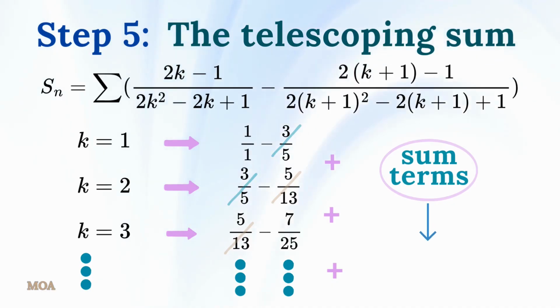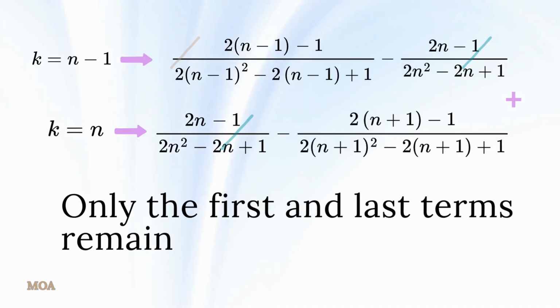And so on and so forth, till k equals n, which gives the quantity 2n minus 1 over 2n squared minus 2n plus 1 minus the quantity 2 times the quantity n plus 1 minus 1 over 2 times the quantity n plus 1 squared minus 2 times the quantity n plus 1 plus 1.